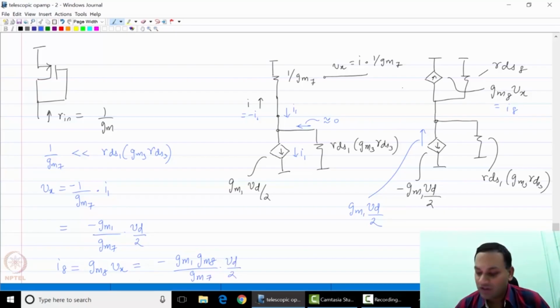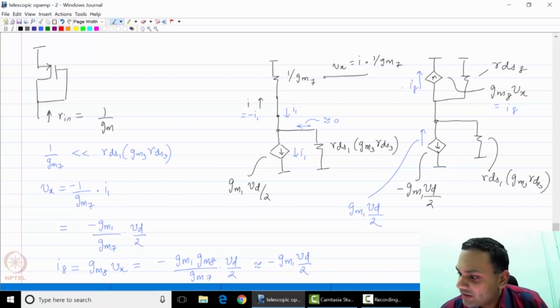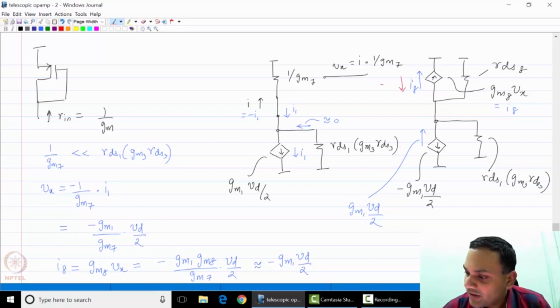Since gm8 is the same as gm7, this is minus gm1 Vd by 2. Remember that I8 flows upwards, which means there is a current gm1 Vd by 2 flowing downwards into this node. So the current flowing downwards is minus I8, which is gm1 Vd by 2. Now you have the current of M2 flowing upwards, which is gm1 Vd by 2, and the current of M8 also flowing into the same node.